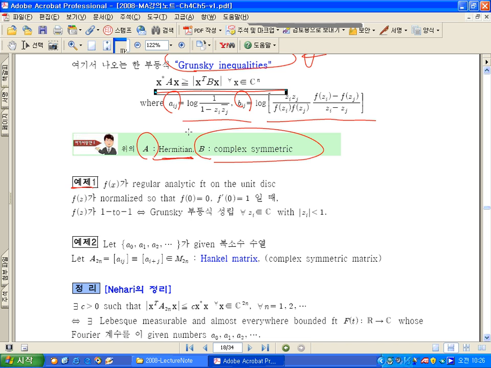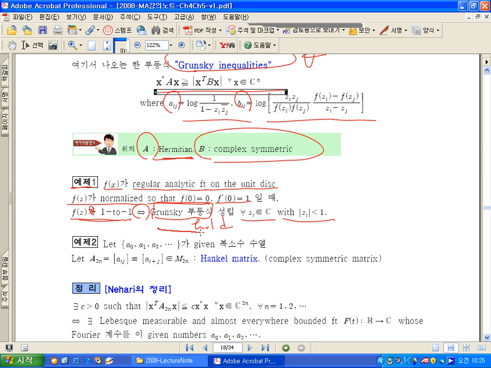Here's an example of when this Grunsky inequality is used. When f of z is a regular analytic function on the unit disk, and f is normalized so that f of 0 is equal to 0 and f prime of 0 is equal to 1, then f is 1 to 1 if and only if the Grunsky inequality holds for all zeta in C with its radius less than 1.